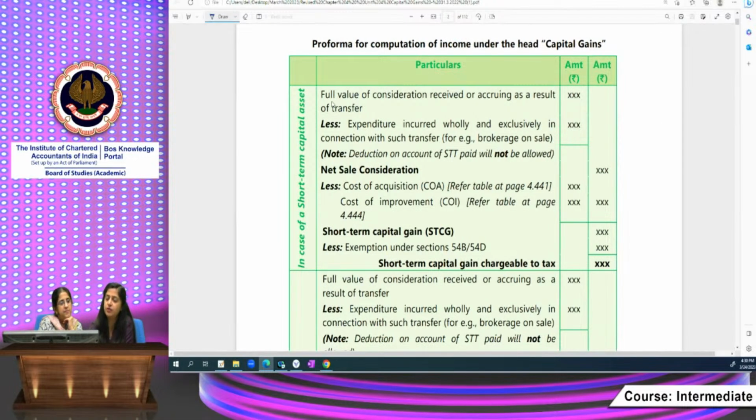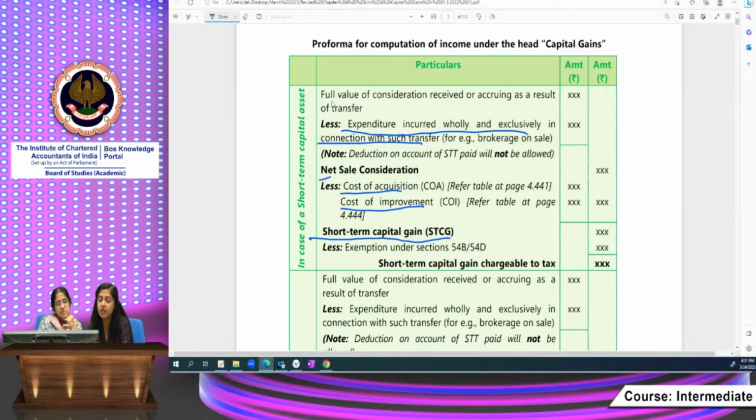You have to reduce the expenditure which you incurred wholly and exclusively in connection with such transfer. From the net consideration, you can reduce cost of acquisition and cost of improvement. In case of a long-term capital asset, indexed cost of acquisition and indexed cost of improvement, and you will get the capital gain, short-term or long-term. Then you can claim the exemption from this. This is the computation proforma for capital gain.